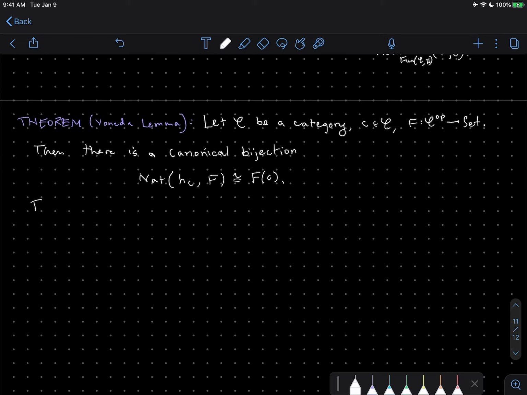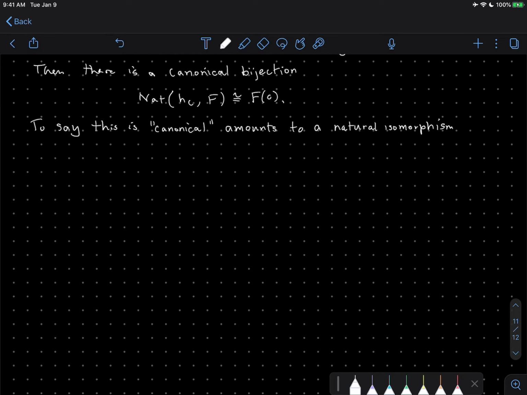So to say this is canonical amounts to a natural isomorphism of functors. What's their source going to be?